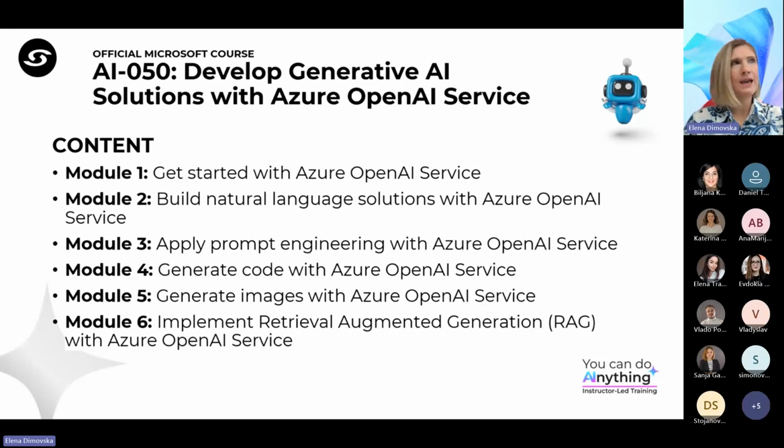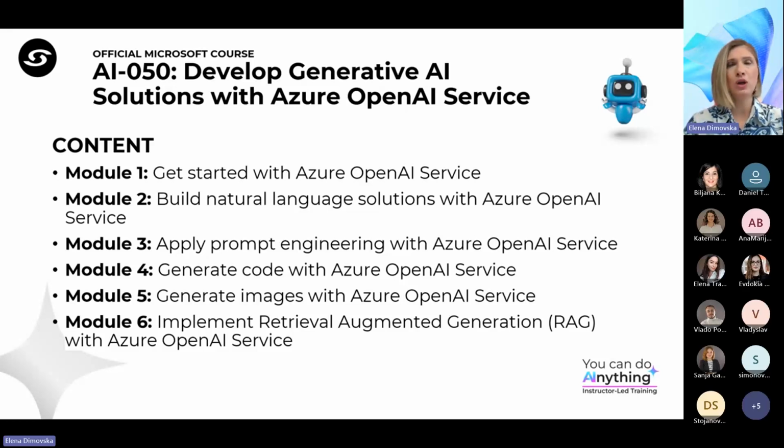Then we have AI 050, which is developing generative AI solutions with Azure OpenAI service. And there you are going to learn more about how you can build natural language solutions with Azure OpenAI services. Of course, you can learn how you should train your copilots, as I can say, your models. So you should apply prompt engineering also with the same service.